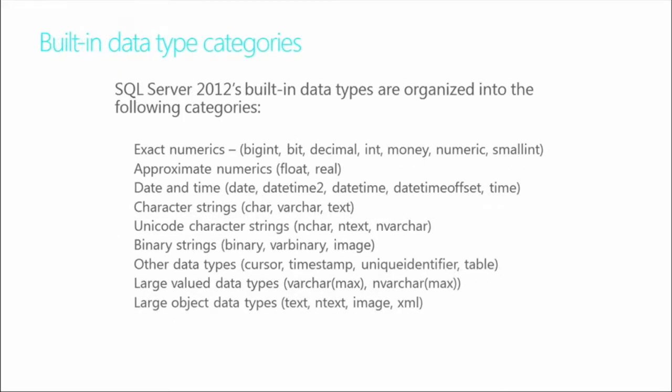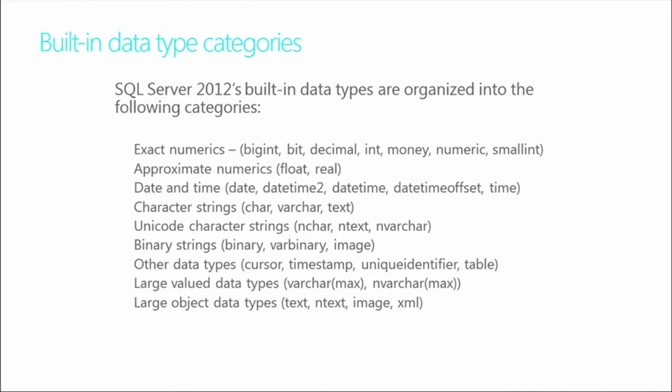Now, there are several categories provided with SQL Server 2012. I mentioned already we have exact numerics. We have bigint, bit, decimal, int, money, approximate numerics such as float and real, date and time, character fields, and Unicode character strings. When you see the letter N before, that means it's Unicode, which provides support for the international languages.